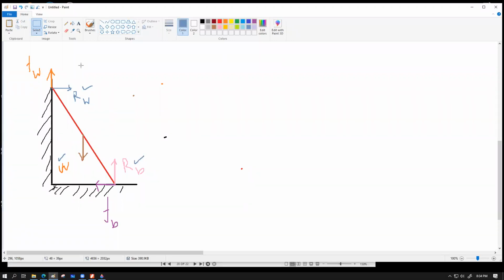The reason I move this over here is that if I now try to find the resultant of these 2 forces, I do not know their magnitude, but let's assume that these 2 forces have non-zero values for the time being. The reaction force has some value, and the frictional force with the wall also has some value.